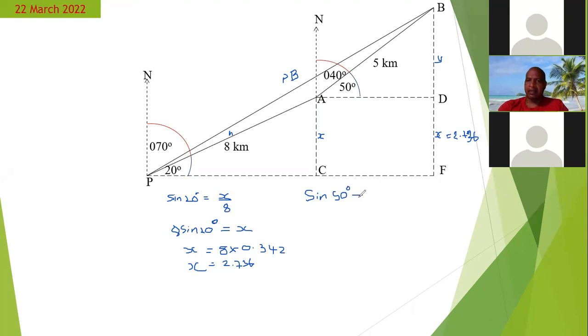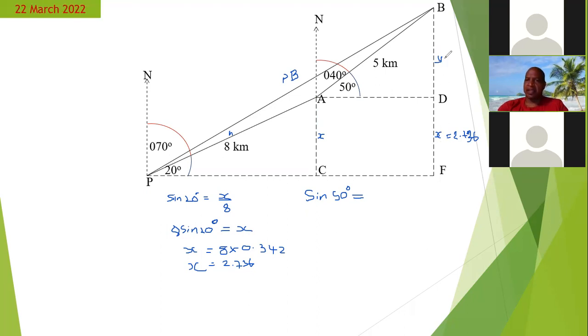All right, so that would be equal to what, Ms. Lisa? Sine 50, sir, is 0.766, in terms of the ratio. X over 5, sir. All right, remember we already used X down here.